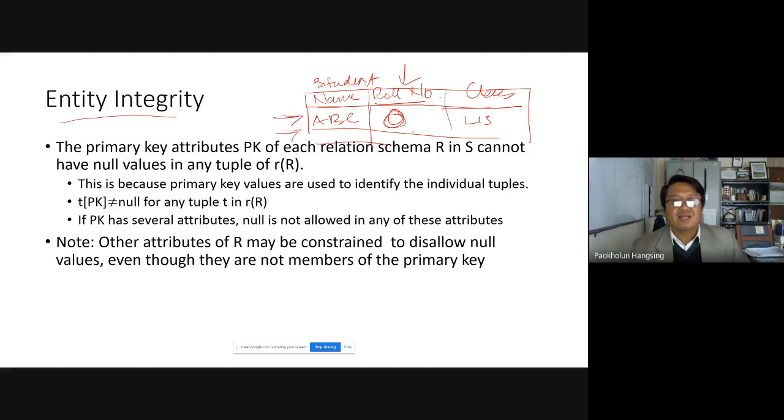If you have a combination of attributes as the primary key, none of those values can be null. We are talking about one relation.